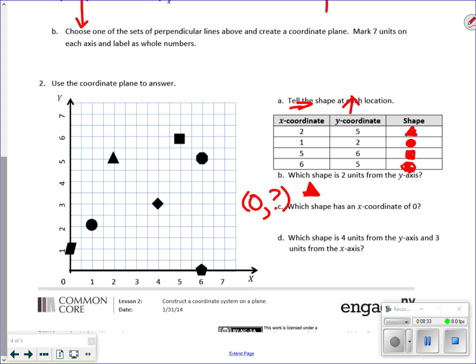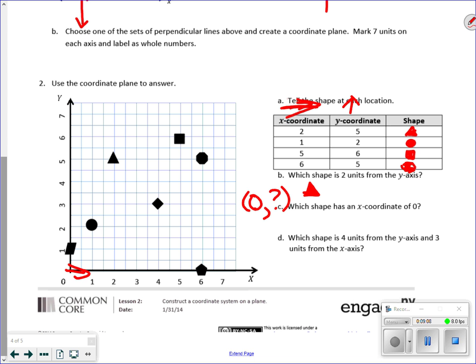Does it go to the right along the X at all? Does it go this way at all? No. The X tells you that you go to the right, right? Does it go to the right? No. So it does not go this way. So it's go to the right, none. You're only going which direction?